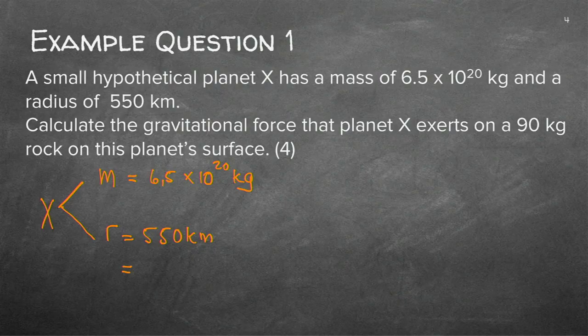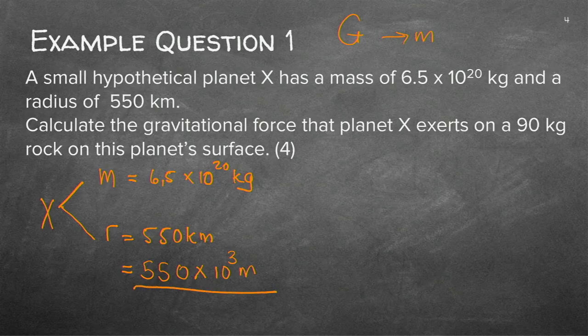And without thinking, don't even think, should I or should I not? You know I cannot use G if it's not in meters. So immediately put the kilometers and convert that into meters. So you multiply it with 1,000. Now I've got the distance between them.